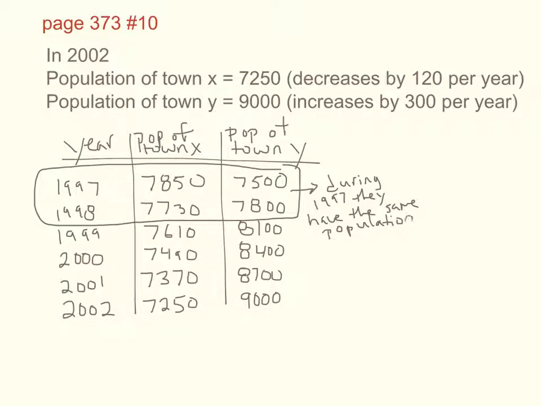So the second way to do this problem, and this is actually from the section after this, but you now have these tools as well, is to write equations for the populations of the two towns, and then to find the solution to that system of equations. And we've learned substitution so far.